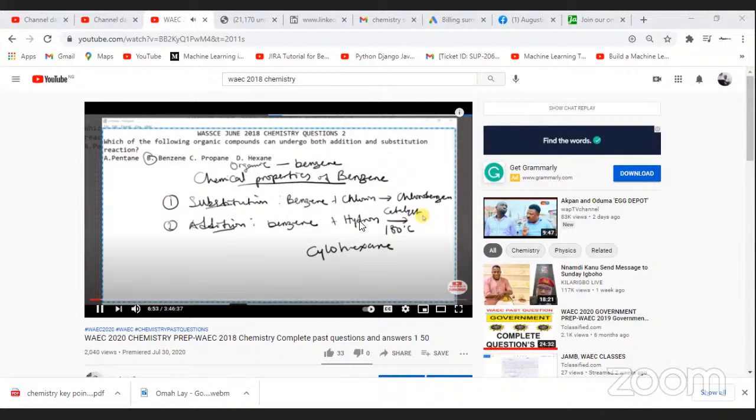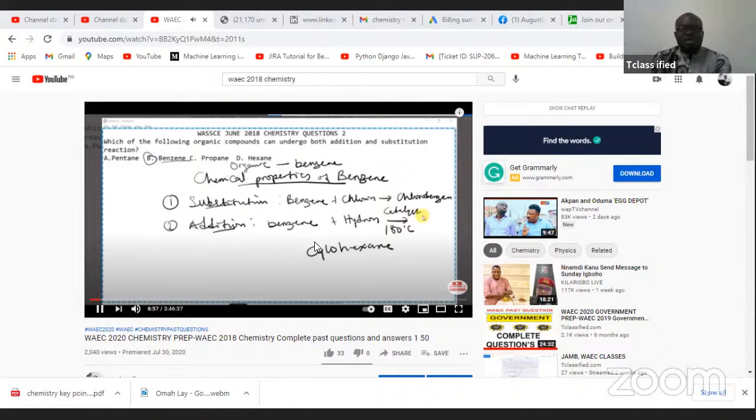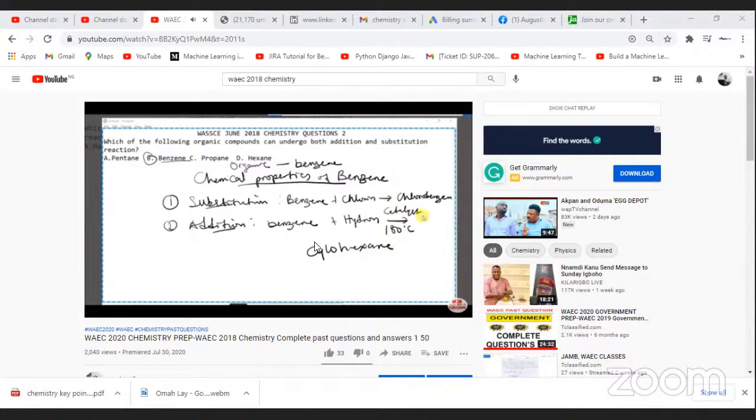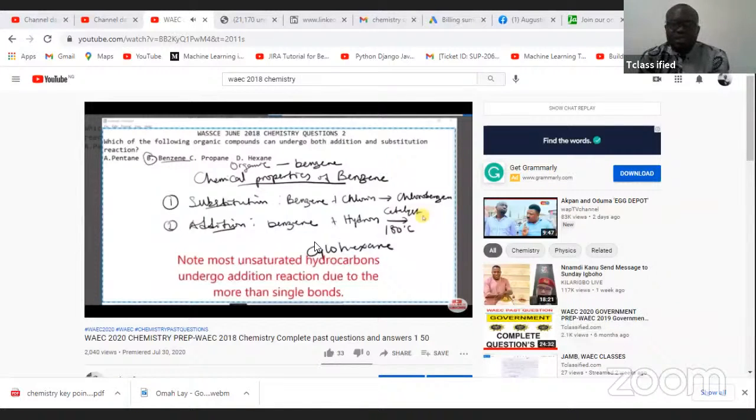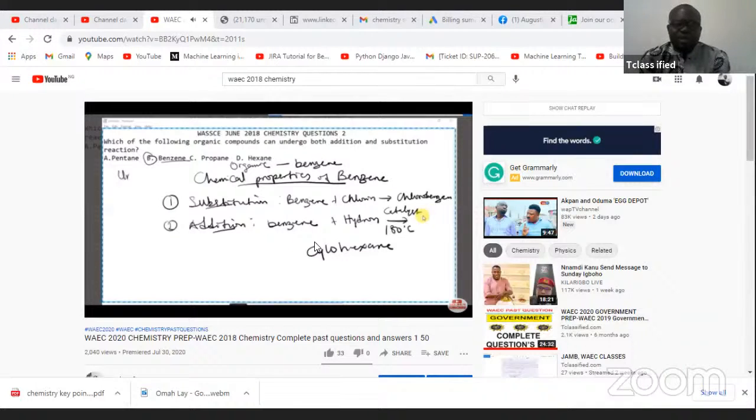So yes, if hydrogen is added to benzene at a temperature of 180 degrees, you have what we call cyclohexane. That is the example of addition reaction. And most unsaturated hydrocarbons undergo addition reaction because they have more than one bond.